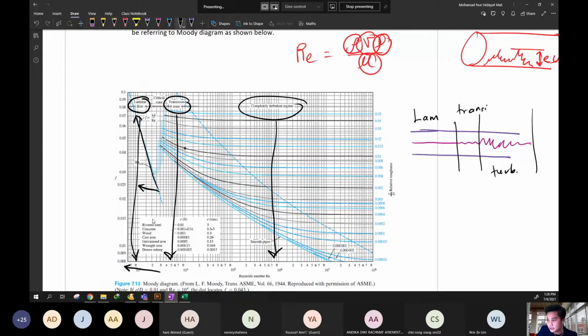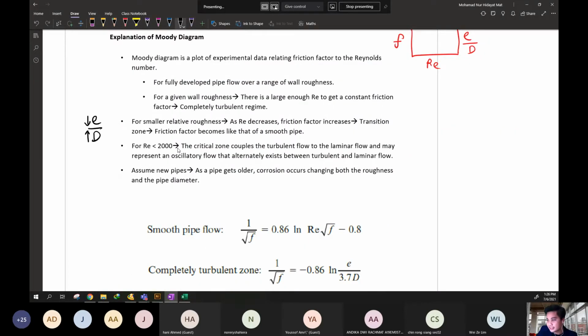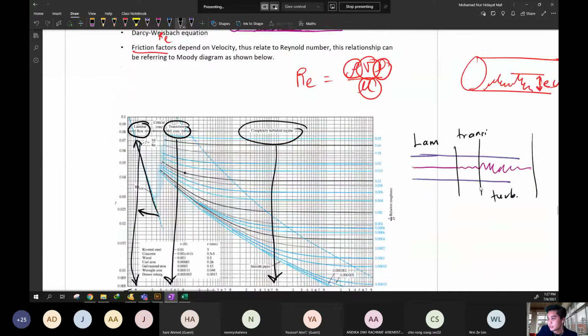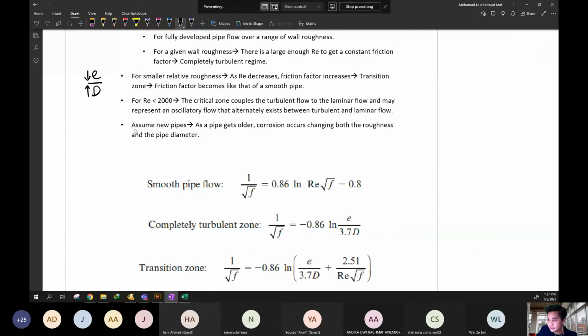For a Reynolds number less than 2000, it is considered the critical zone. Remember the critical Reynolds number between laminar and turbulent flow may represent oscillating flow, a chaotic flow, oscillating like this.